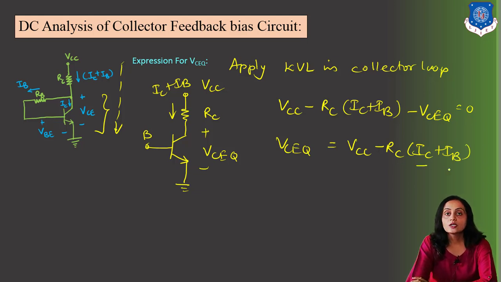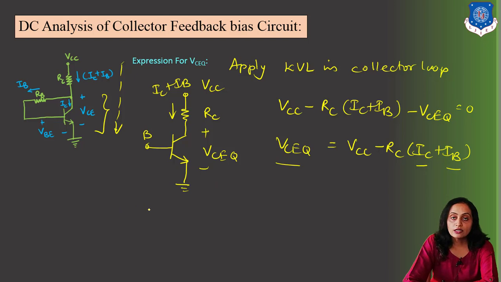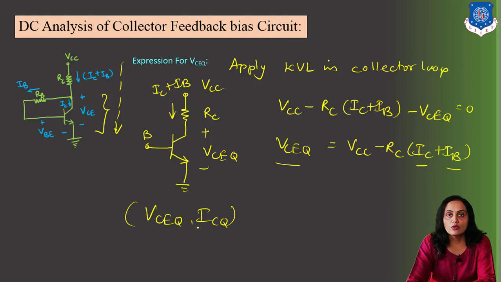We have already calculated IC as well as IB in the previous slide, so putting those values over here, we can calculate VCEQ. We have calculated the quiescent point coordinates, that is VCEQ and ICQ. So we have now done the DC analysis of the collector feedback bias circuit.